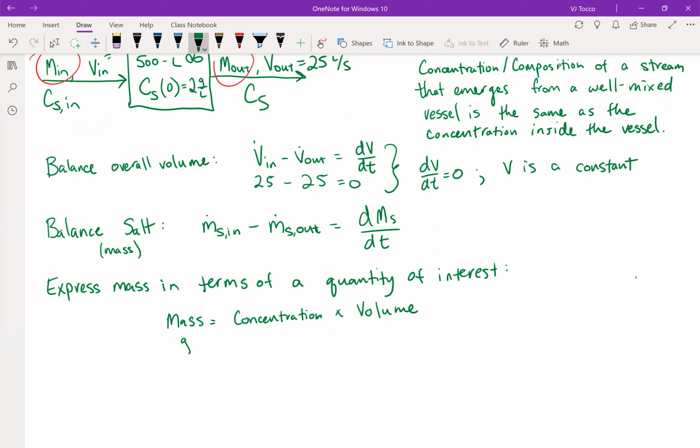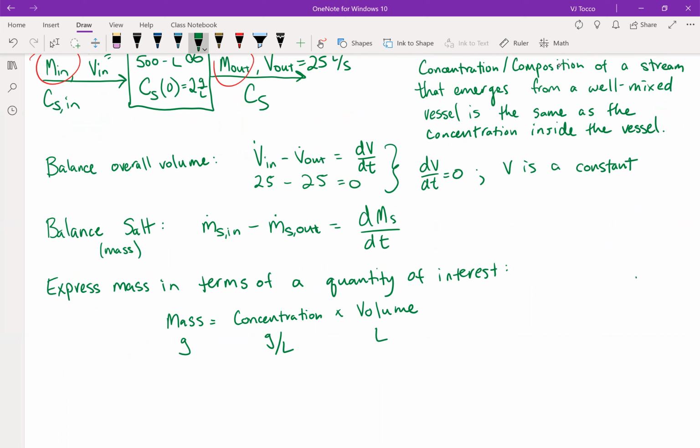Mass is going to be in grams. Concentration was given to me in grams per liter, and volume is liters. You could say the same thing for volumetric flow rate. Mass flow rate is grams per time, volumetric flow rate is liters per time, and the same expression would be true.